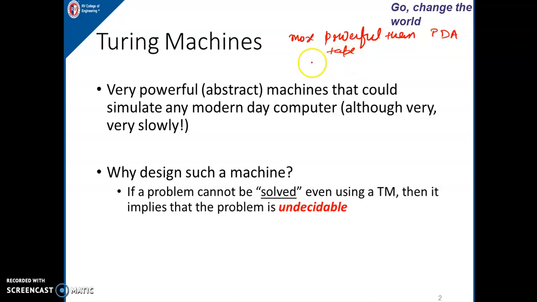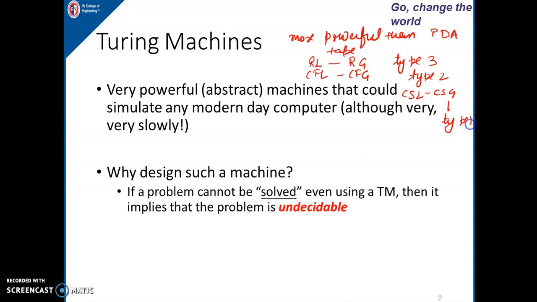That is regular language, that is generated from regular grammar, or we also call it type 3 grammar, and context free languages CFL, that is generated from context free grammar, or also known as type 2 grammar, and context sensitive language, that is generated from context sensitive grammar, or we also call it type 1 grammar.